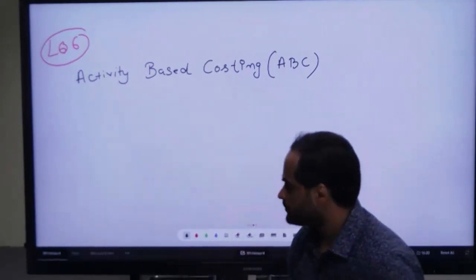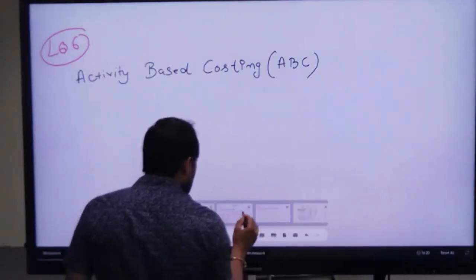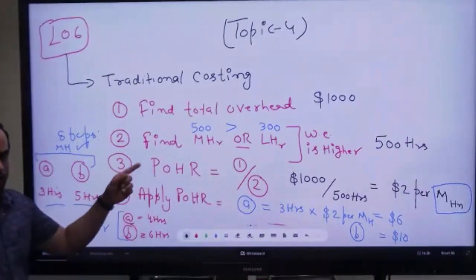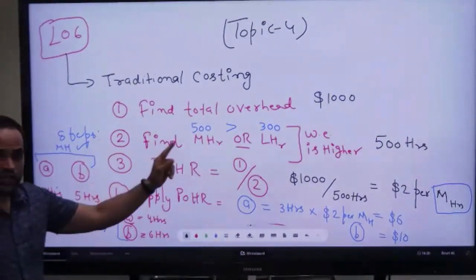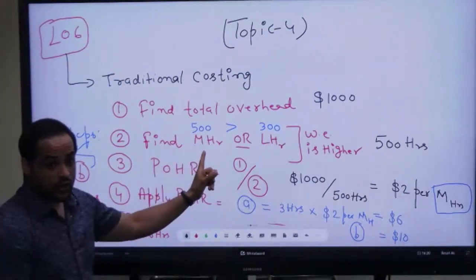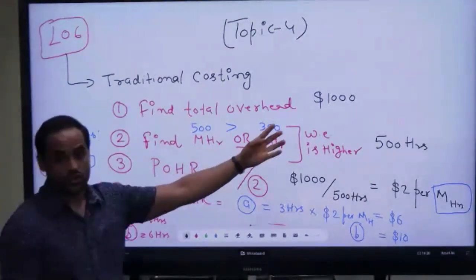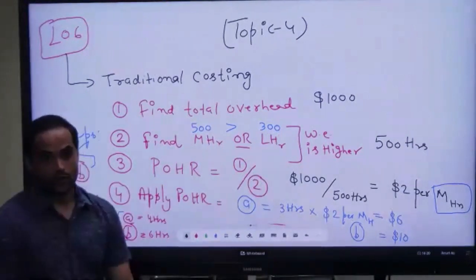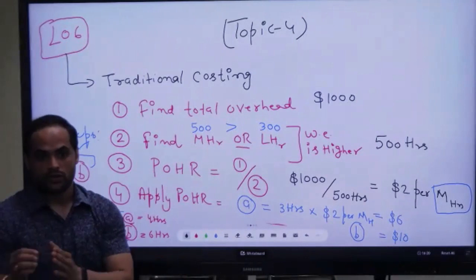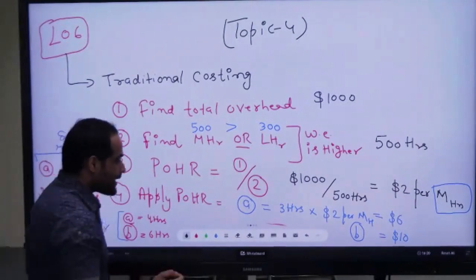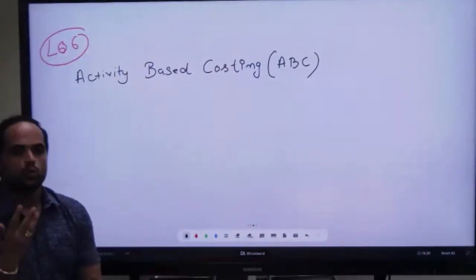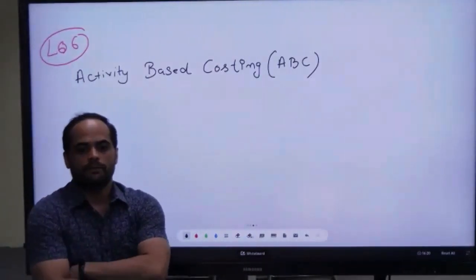For example, when we allocate on behalf of traditional costing, allocation was based on either machine hours or labor hours, whichever is higher. So in traditional costing, the base will be machine hours or labor hours. But in activity-based costing, the base will be activity.